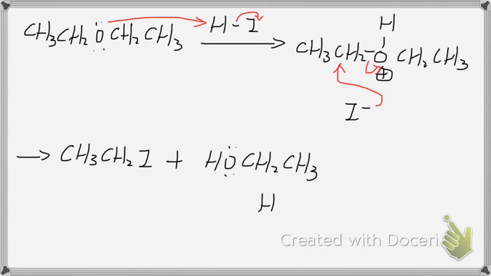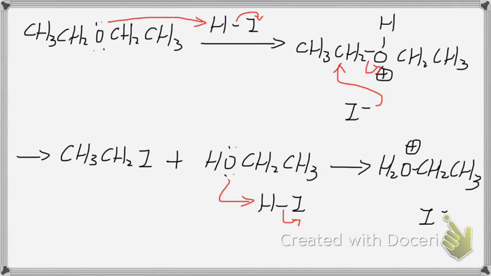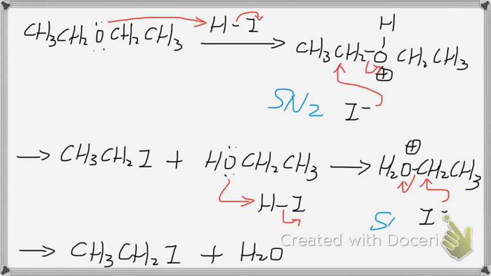Then the alcohol will further react with the hydrogen halide to make the second alkyl halide. And that's the reaction you have learned before. So protonation on the alcohol, then nucleophilic substitution. In this mechanism, we have two SN2 reactions.